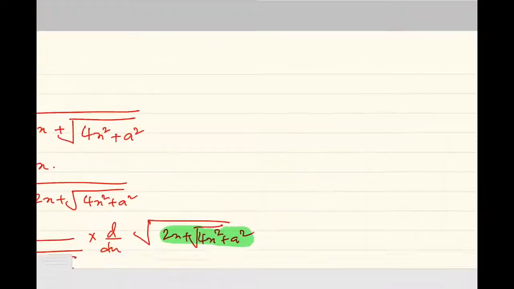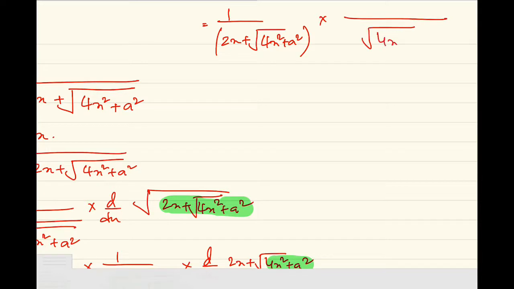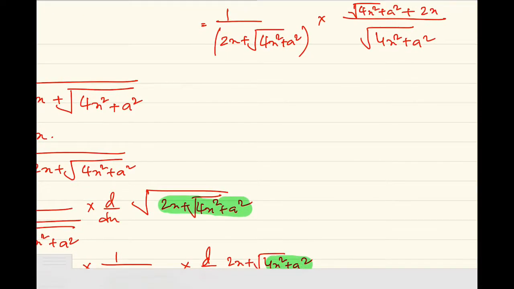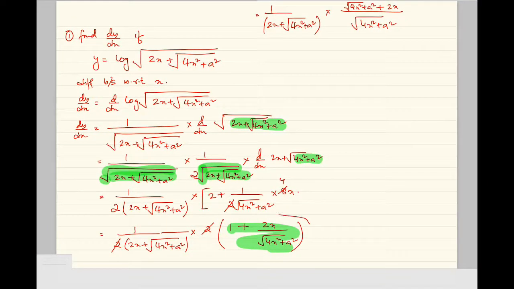Let me do it here. 1 by 2x plus root of 4x squared plus a squared, into the LCM is root of 4x squared plus a squared, and I suppose you will get root of 4x squared plus a squared plus 2x. Check this out from here. Am I correct? Yeah, the LCM is root of 4x squared plus a squared, and that's correct, absolutely.